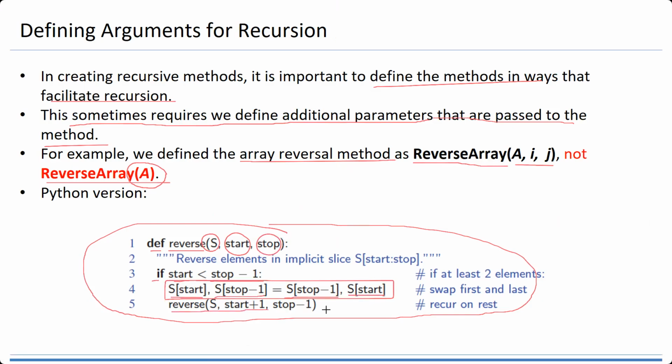And again, we do the recursion. The recursion will work with S, which is the sequence, and start plus 1, it will go back to this, and stop minus 1, it will go back to this argument. We will stop when start is not less than stop minus 1.